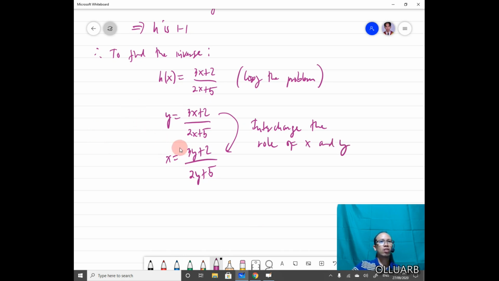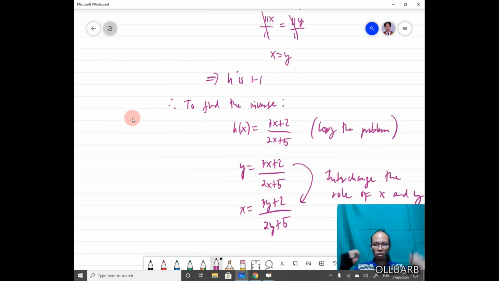Okay, did I write the correct spelling for the rule? Is that the correct spelling for the rule? Sorry, I have to use my dictionary. Yes, this is the correct spelling.